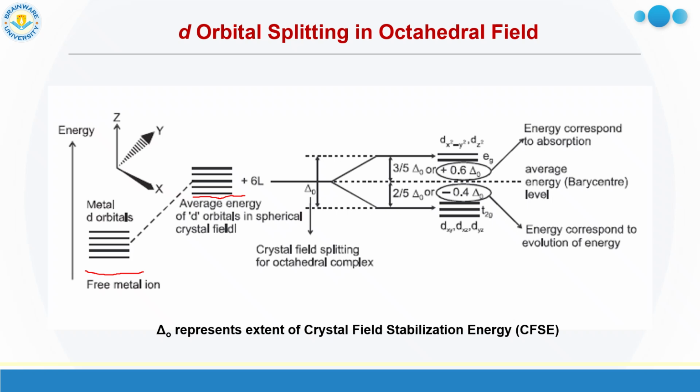metal. So you know for octahedral field there are 6 ligands surrounding the metal center. So those 6 ligands approach towards the metal, so their energy increases. Now what happens? The ligands approach more and more towards the metal center.